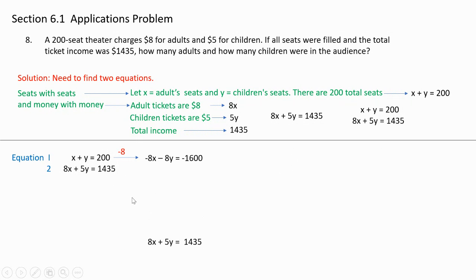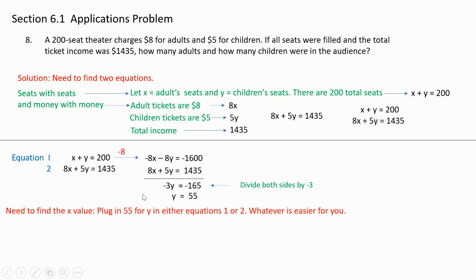Now equation number 2, all we do is bring it over. If you notice, the x's will be eliminated. Negative 8y plus 5y gives us negative 3y, and negative 1,600 plus 1,435 gives us negative 165. We divide both sides by negative 3, and the result is 55.